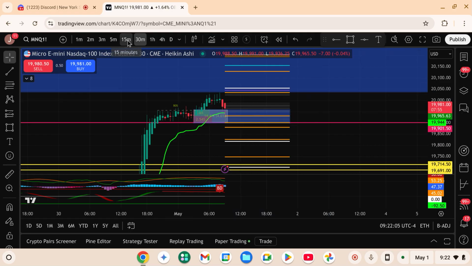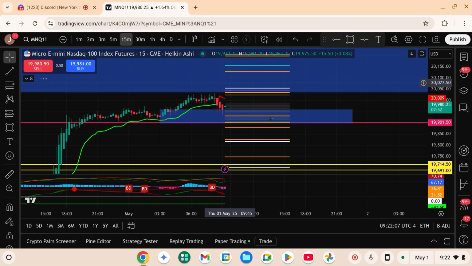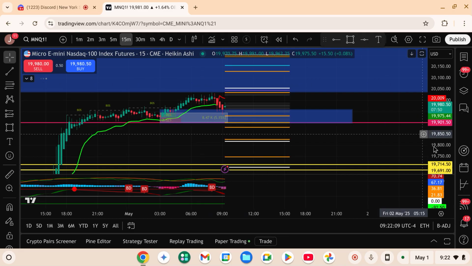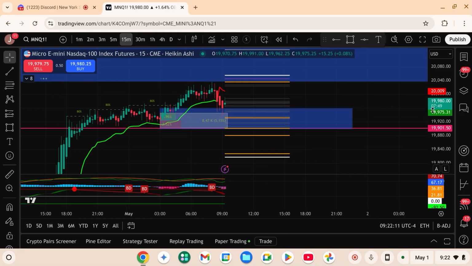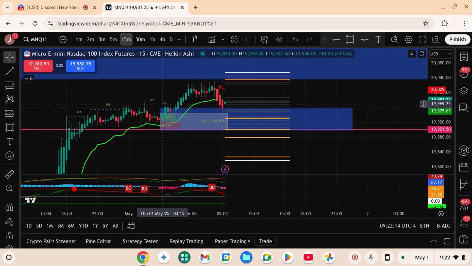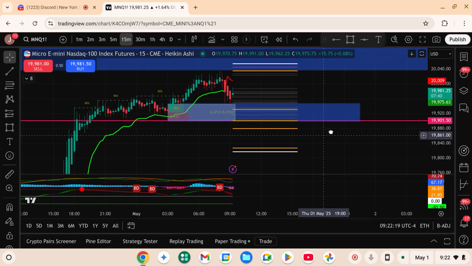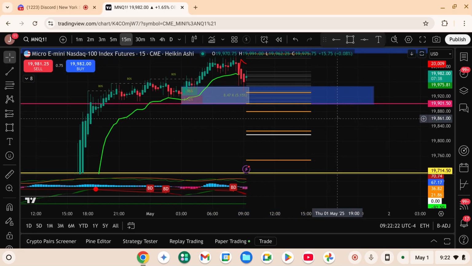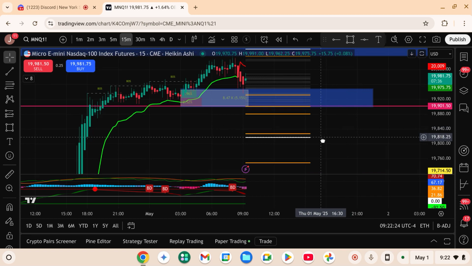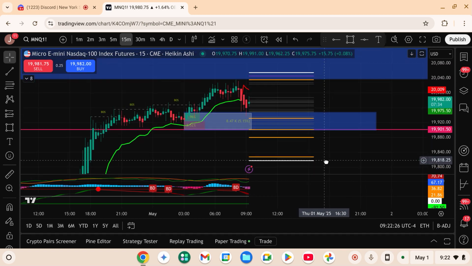Let's look at the 15. So if you go to the 15, you could adjust that a little bit more. Right there. And then I don't see much for the 15 either.